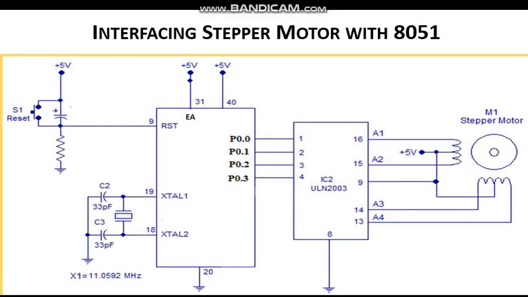This is the diagram. You can see the common point is here of the stepper motor. This common point goes to plus 5 volt. Then 4 coils A1, A2, A3, A4 are connected to the output of current driver. The input to that is from port 0, and as I told, we have these connections on a target board.